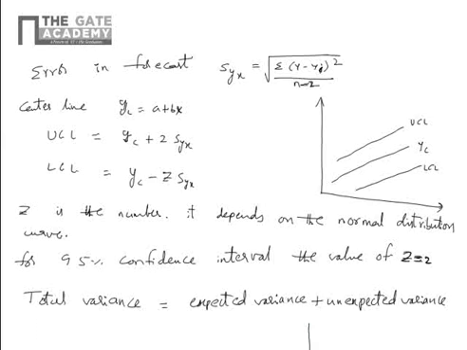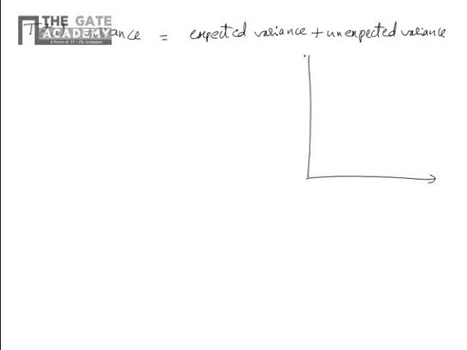So if you draw the diagram, x, y, this is yc, which is the forecasted value. This part is called yc minus y bar whole square, explained variance.